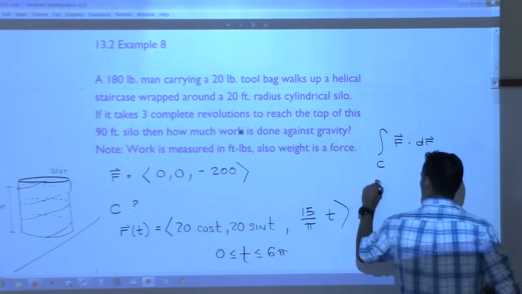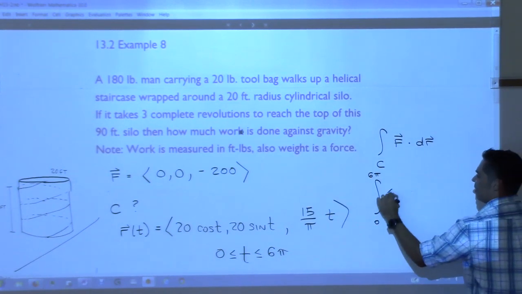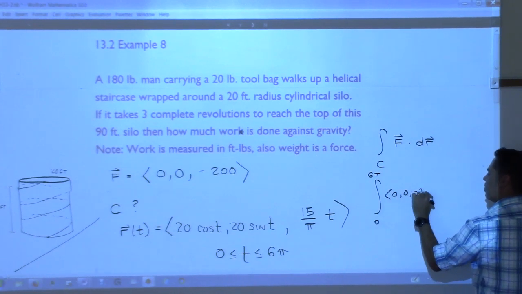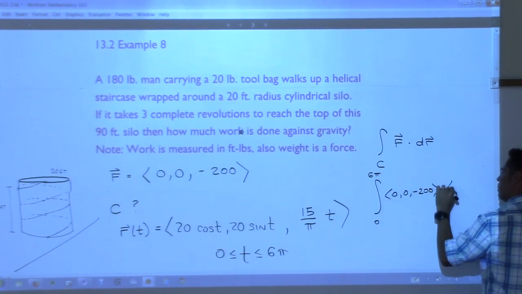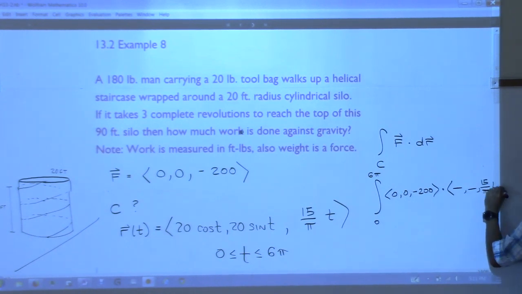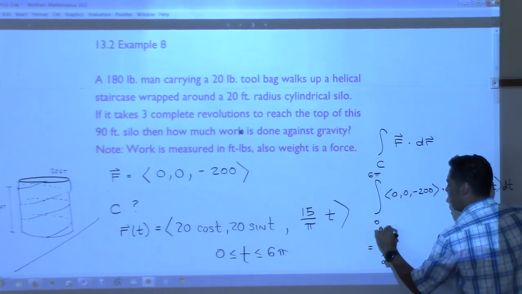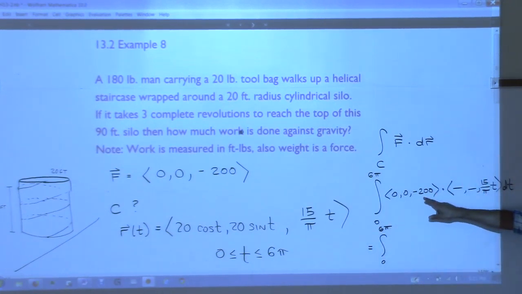This is going to be the integral from 0 to 6 pi, and then we have 0, 0, negative 200, dotted with who cares, comma, who cares, comma, 15 over pi t, dt. When we dot all that together, we get the integral from 0 to 6 pi, and then this times that, right?